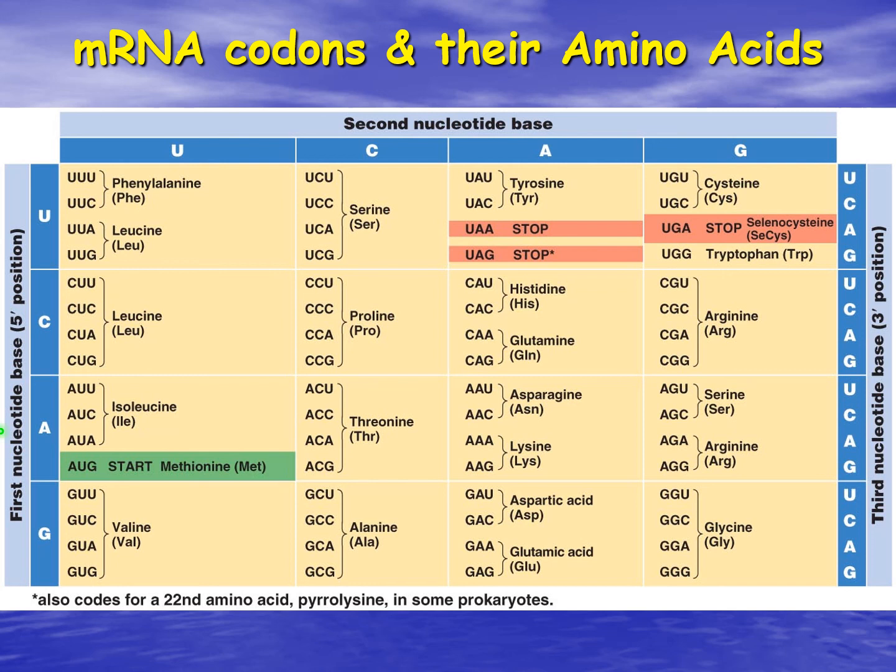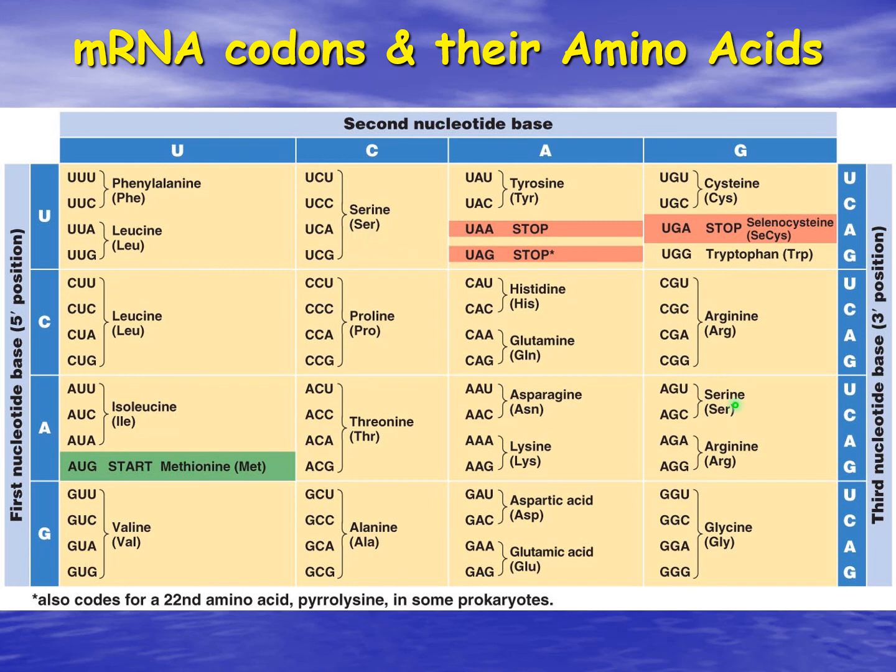And you'll notice that AUG is the only codon for the amino acid methionine. Now, what if we had a codon of AGU? So A, and I go to G, and then to U, and that codes for the amino acid serine. What if I had a codon of UCA? So I go to U, and C, and A, and oh wait, serine.